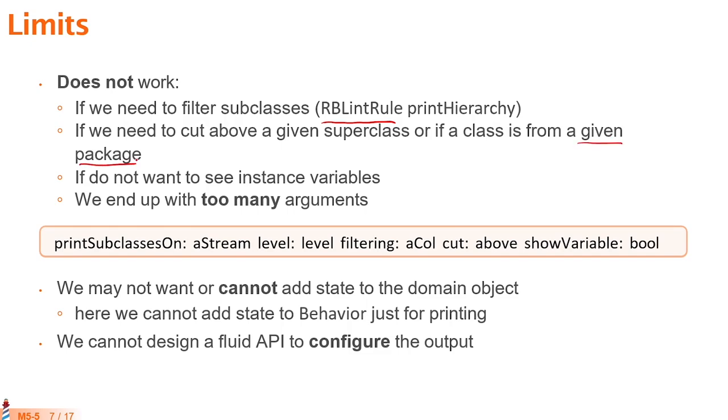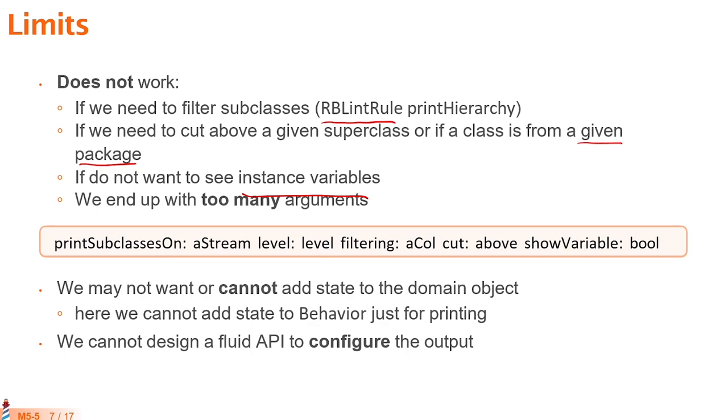For example, we may want to only print the superclasses that are part of our own package and we don't care about printing Object or ProtoObject or any of the classes that are part of the Pharo system. What if we want to print or not print instance variables?